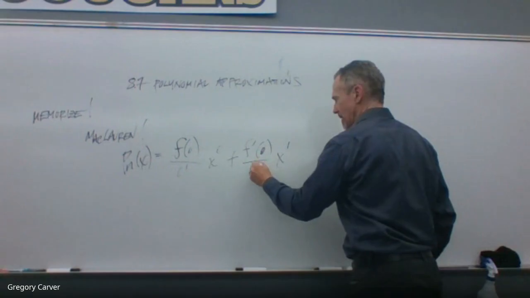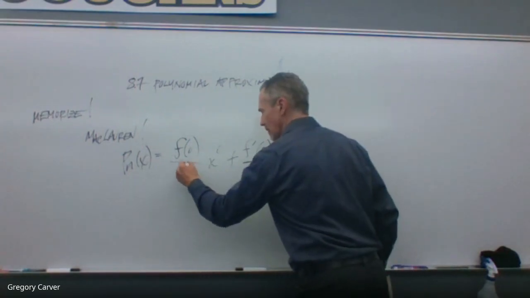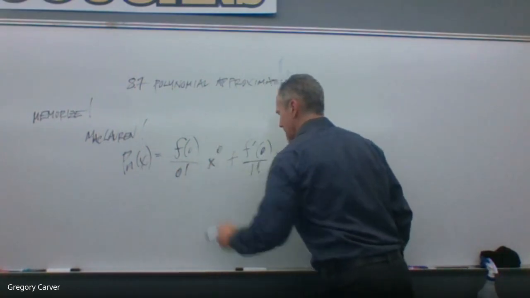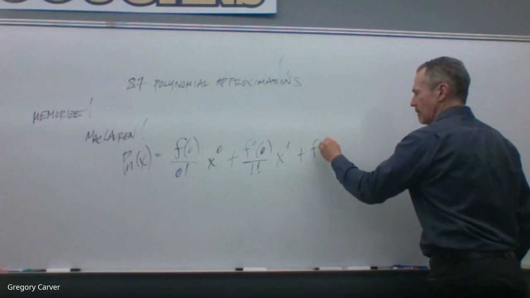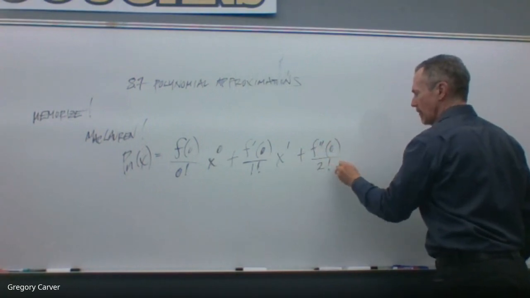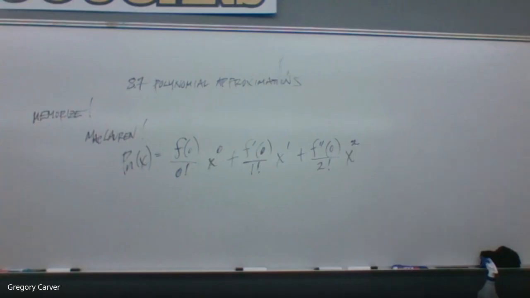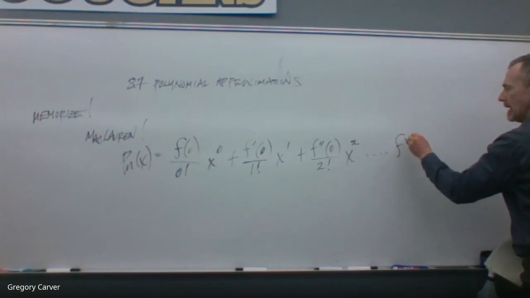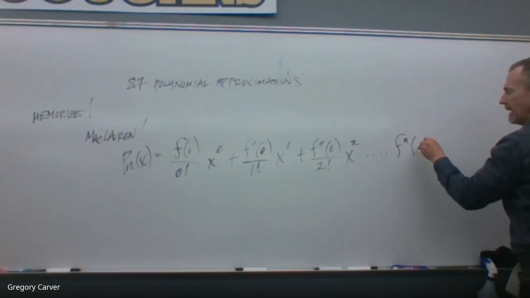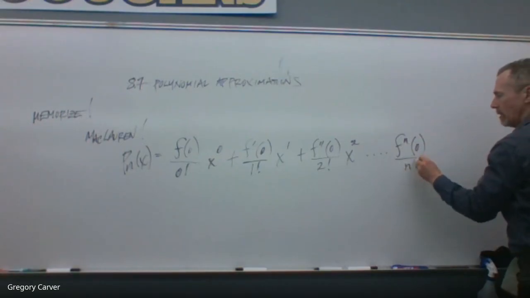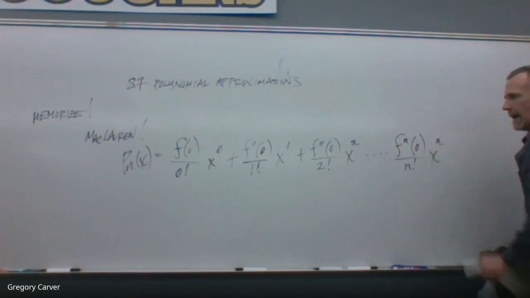Sorry if you guys can read this, the board's still just a little bit wet. Plus f double prime of 0 over 2 factorial x squared. And you just keep up this pattern until you get the nth derivative of f evaluated at 0 all over n factorial x to the n.